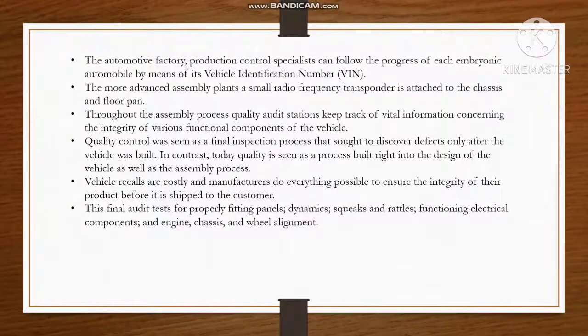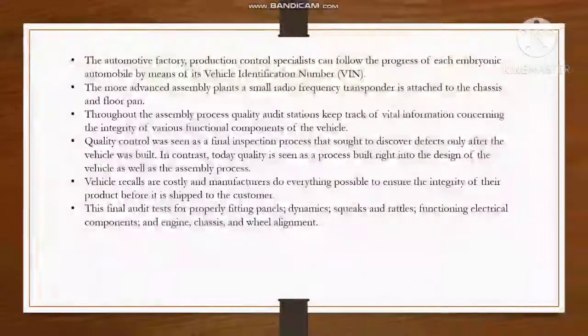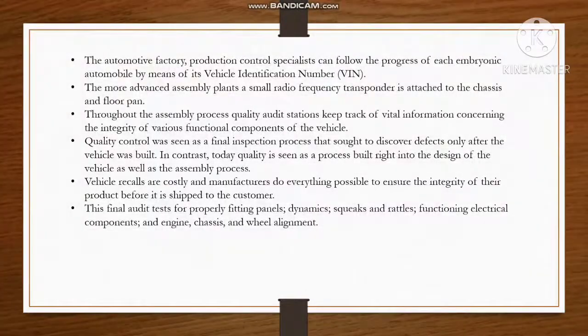Vehicle recalls are costly and manufacturers do everything possible to ensure the integrity of their product before it is shipped to the customer. The final audit tests for properly fitting panels, dynamic skids and rotors, fastening electrical components and engine cases, and wheel alignment. That's about quality control.